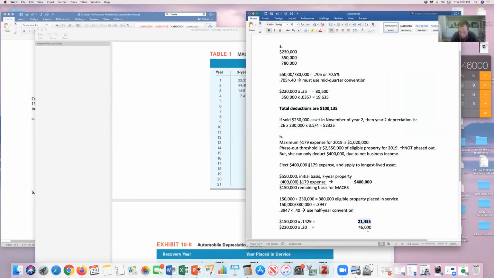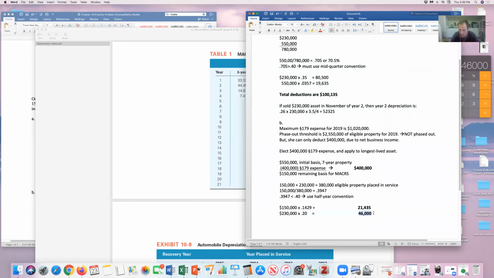All right, so these are all the amounts I'm getting to actually deduct. So my total is going to be the maker's plus that 179 expense that I get to claim, for a total of $467,435.